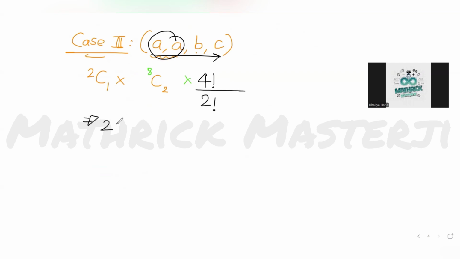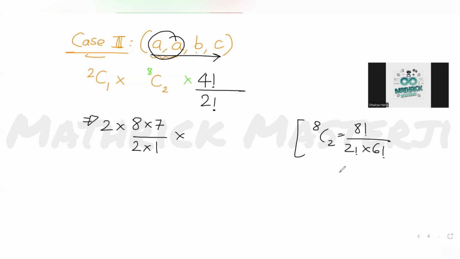So here I get 2 times 8C2 times 4 factorial over 2 factorial. I can write 8C2 as 8 factorial over 2 factorial times 6 factorial. So 8 factorial is 8 into 7 into 6 factorial, over 2 times 1 into 6 factorial. So this and this cancels. So I can just write 8 times 7 and 2 times.